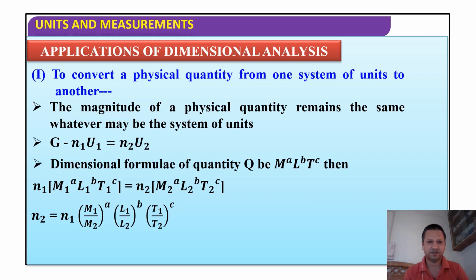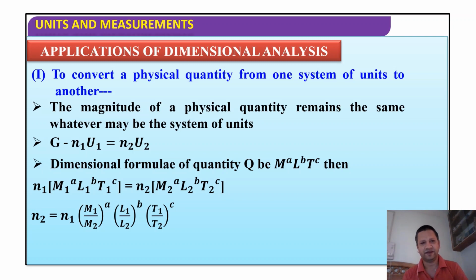Here m1, l1, t1 is the dimension of the particular term in one system, which is connected with u1, for example in the SI system. On the right hand side, m2, l2, t2 is the other system, the CGS system.